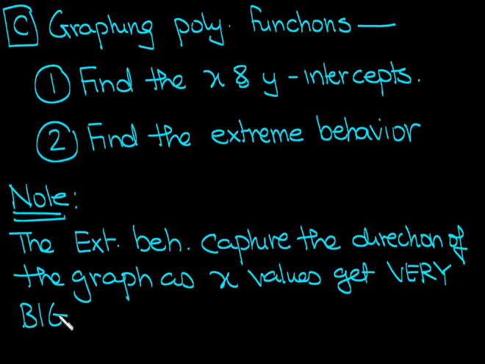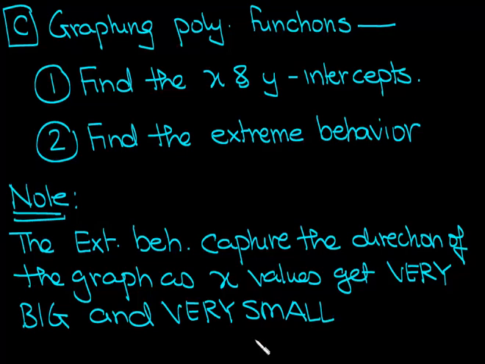And when I say very big, imagine the biggest number in your head, and very small. So when x values get very big, we are talking about the behavior to the right, because as we go to the right the x values are getting bigger and bigger. And when x values get very small, we are talking about the behavior to the left. As you go to the left, x values keep getting smaller and smaller. So that's what the extreme behavior captures.